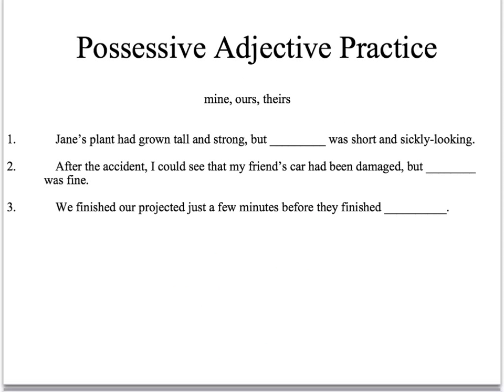This is a very simple unit, so just a couple of examples here. Jane's plant had grown tall and strong, but blank was short and sickly looking. So actually, looking at the examples here, you could say ours or theirs, but I'm going to pick mine. Mine was short and sickly looking.